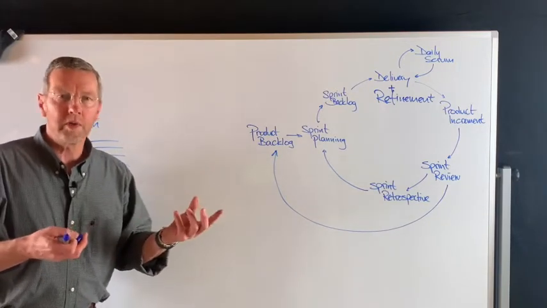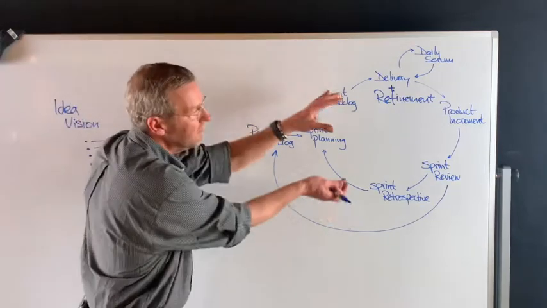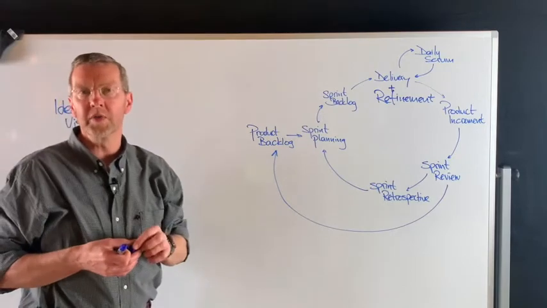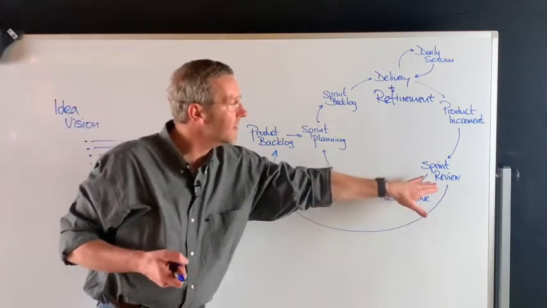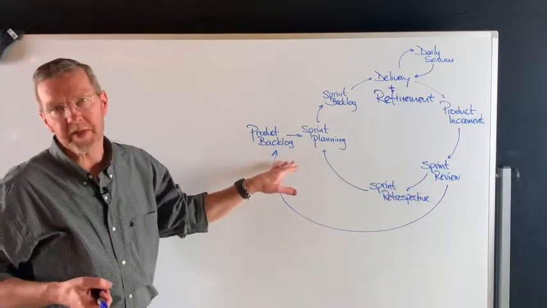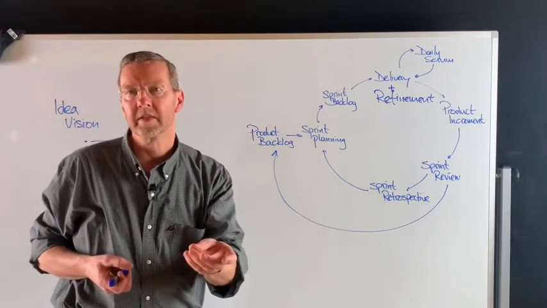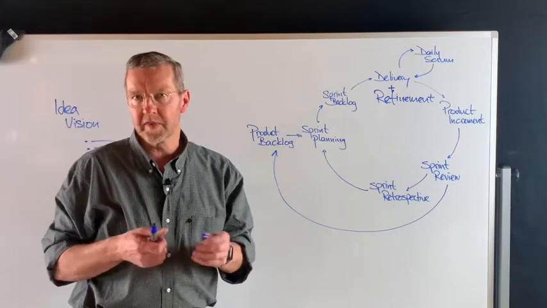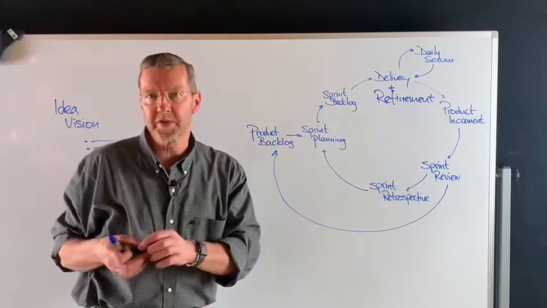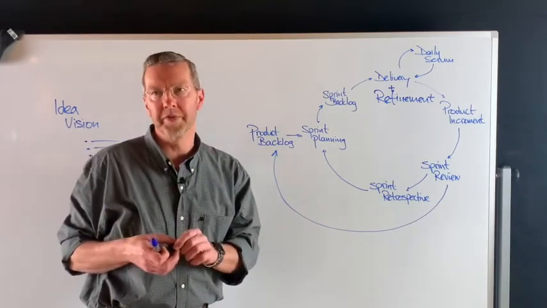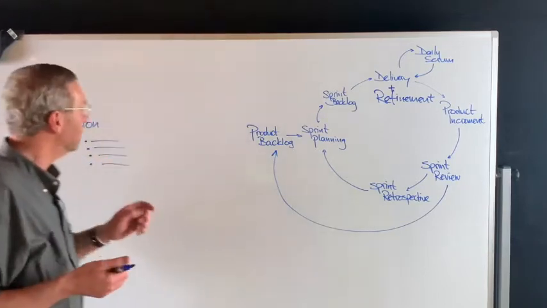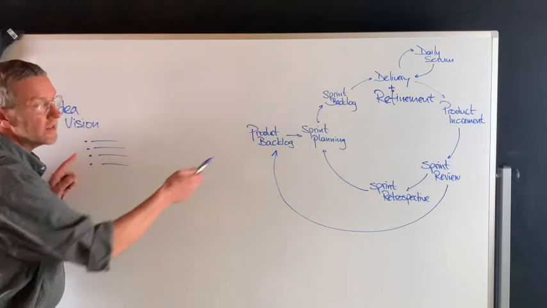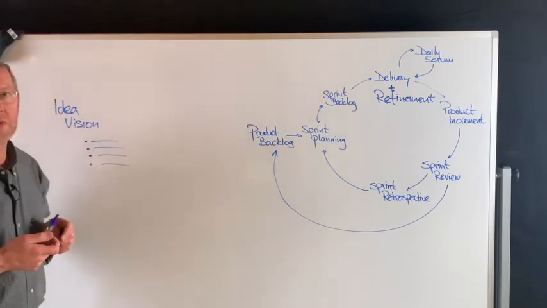How does Scrum work? Scrum zooms to a very small set of steps, 2-week steps, sprints, to deliver so that the inspection and the improvement can happen really, really rapidly. There's very little waste because there's not a lot of thinking done up front. There's not a big design up front. So how to make the step from a very rough product backlog to that detail? There's a way to think about it.